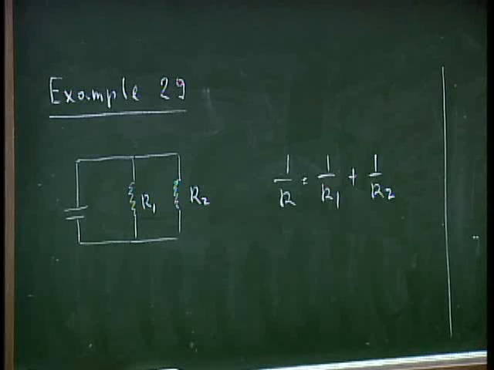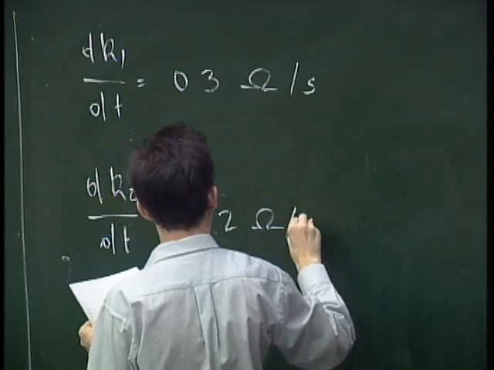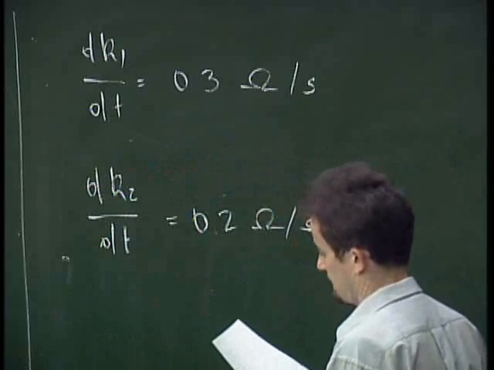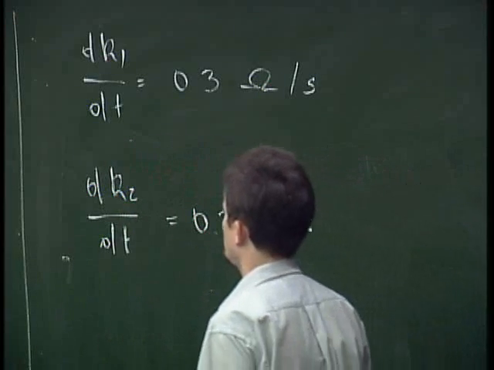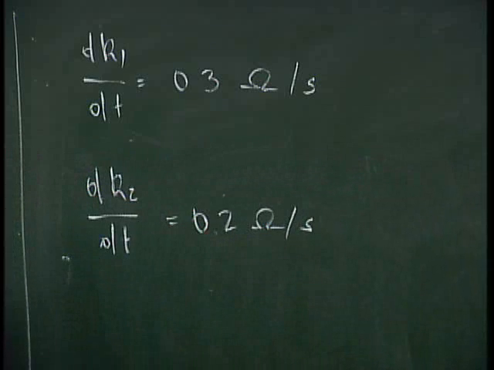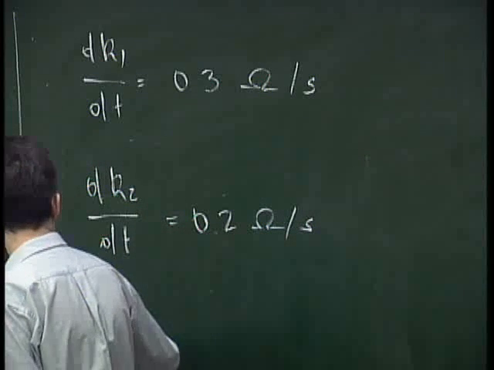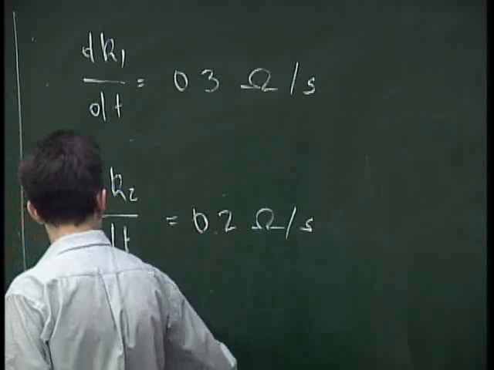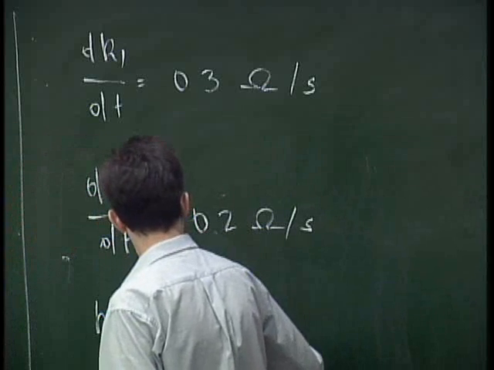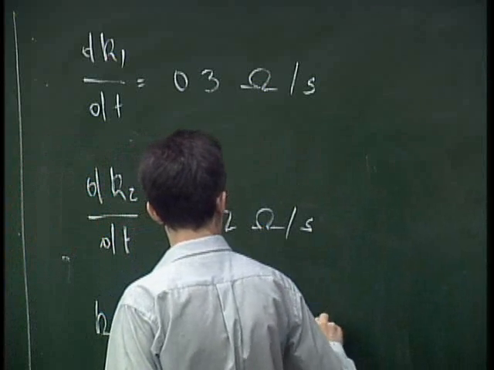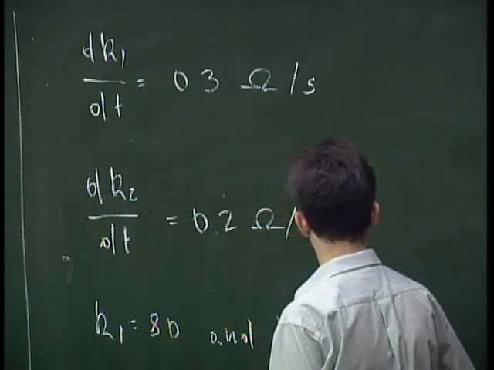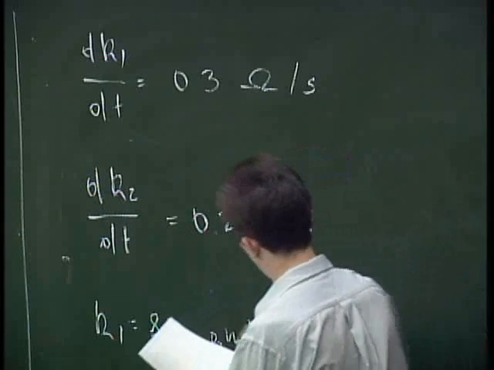And for the second one, the constant change over time is 0.2 ohms per second. Okay, and you are asked to find what is the change of R if R1 is equal to 80 and R2 is equal to 100 ohm.